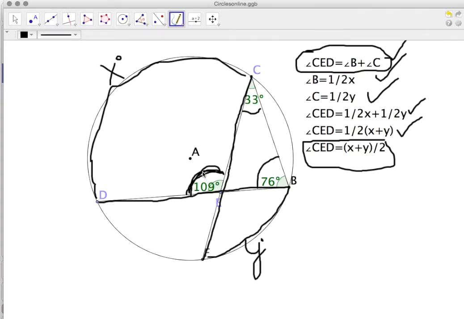So in order to figure out how big this angle is, the formula that you maybe have just discovered for the first time is: to figure out the interior angle, you just add together the two arcs that the angle opens into and divide by 2. In other words, what else is that referred to when you add two numbers together and divide by 2?